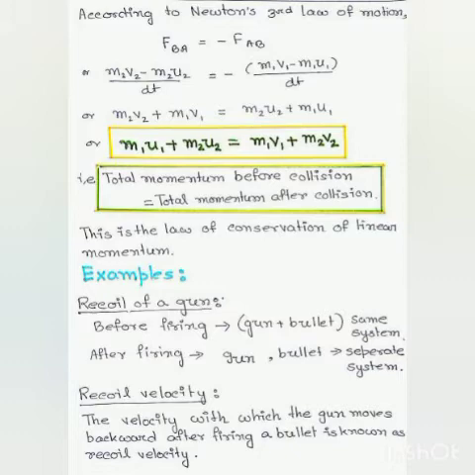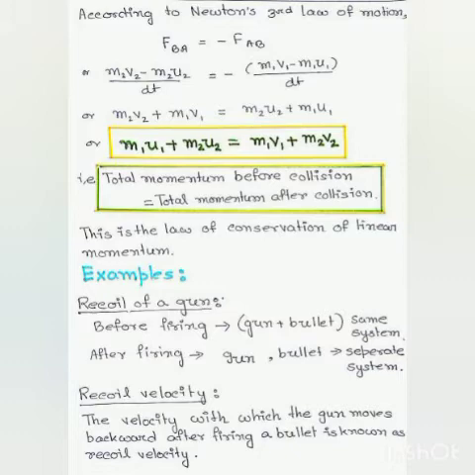And when the bullet is fired, it leaves the gun in the forward direction with certain momentum. Since no external force acts on the system, the momentum of the system, that is gun plus bullet, must be 0 after firing, from the law of conservation of momentum. As initial momentum before firing was 0, the final momentum after firing will also be 0.